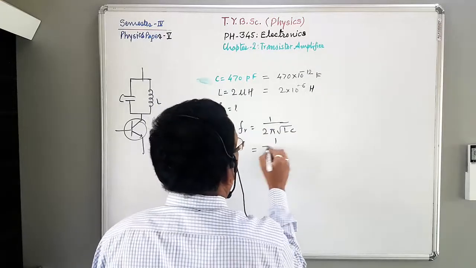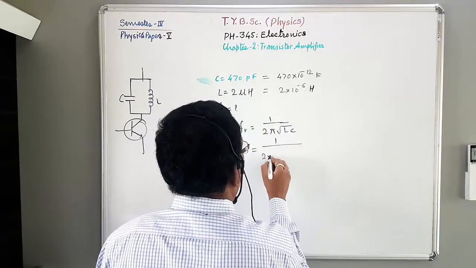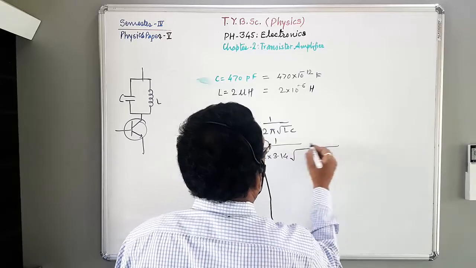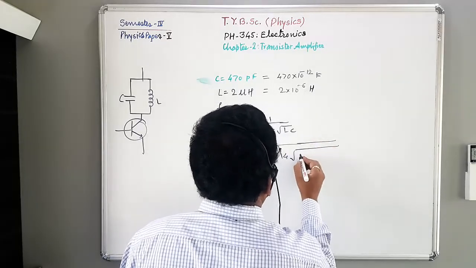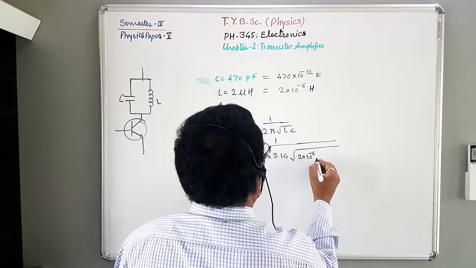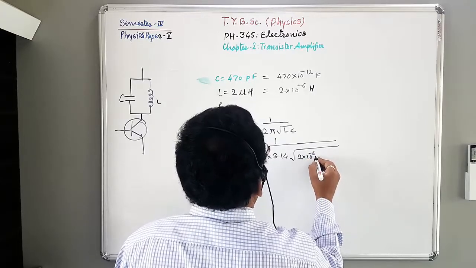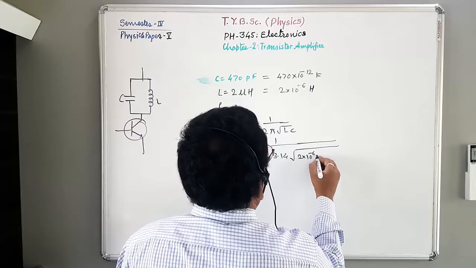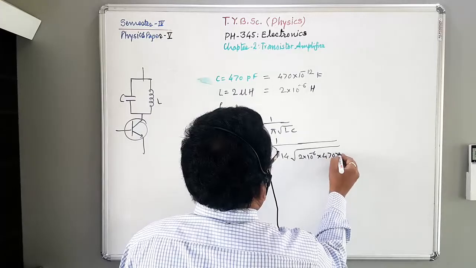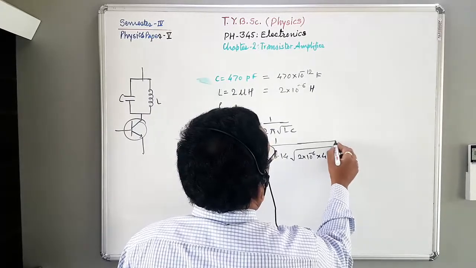So substitute the value of pi, that is 3.14, then the value of L is 2 into 10 raised to minus 6, then C is 470 into 10 raised to minus 12.